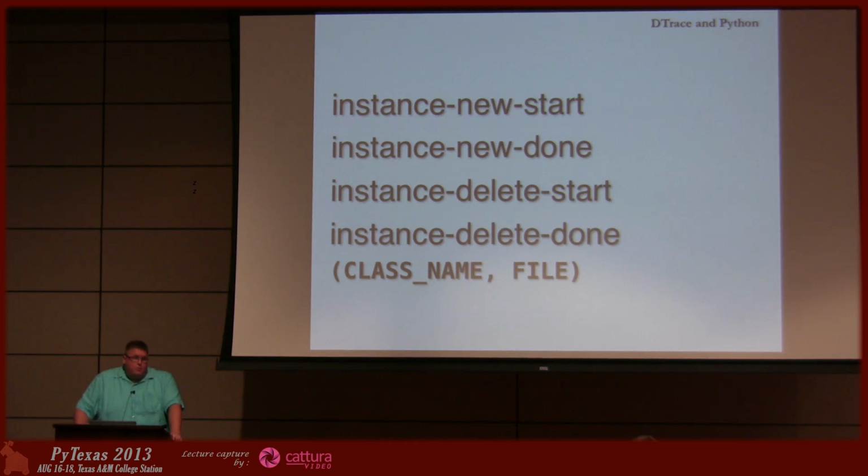These are things that will help you detect that and really drive into the emergent behavior of your application. In this case, arg0 is class name and arg1 is the file name. So you can say, well, I got class X from file Y, and you can see when those things happen and what happens in between them.